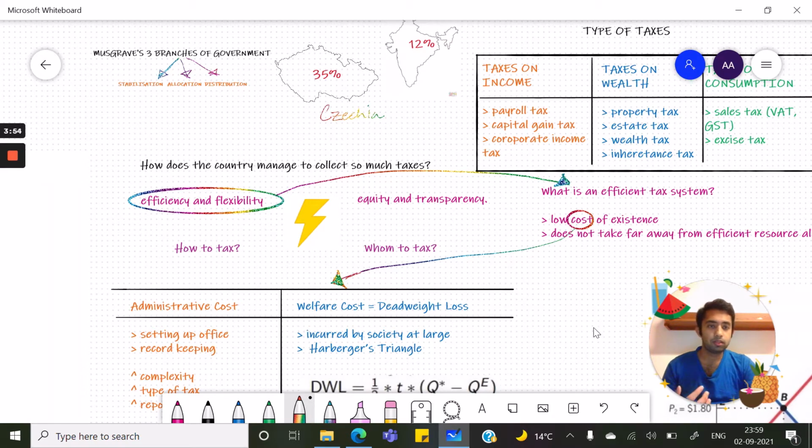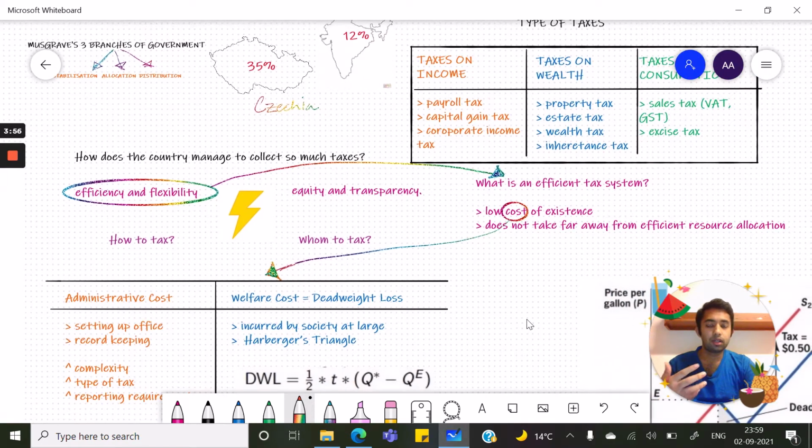So before understanding the efficiency and flexibility of the tax system, we should understand what an efficient tax system is, or what the characteristics of an efficient tax system are. There are two main characteristics of an efficient tax system. Firstly, an efficient tax system has a very low cost of existence, right?